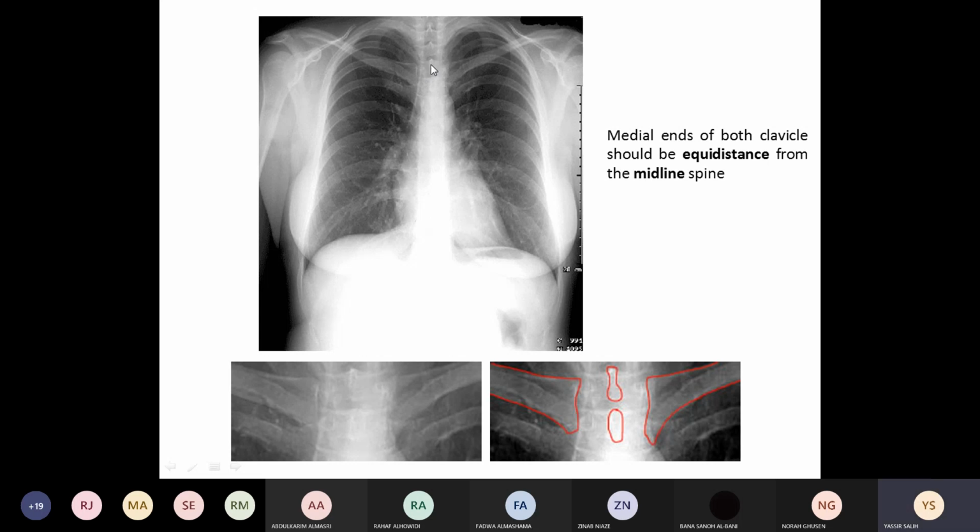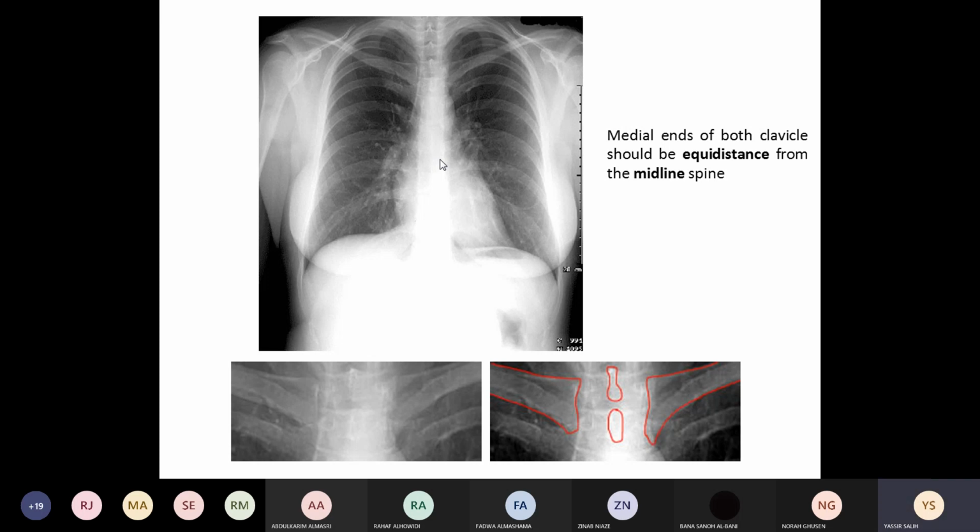If they are equal in distance, this means this patient is not rotated, meaning he was straight. But if the distance is more on one side, this means this patient is rotated during the exam.